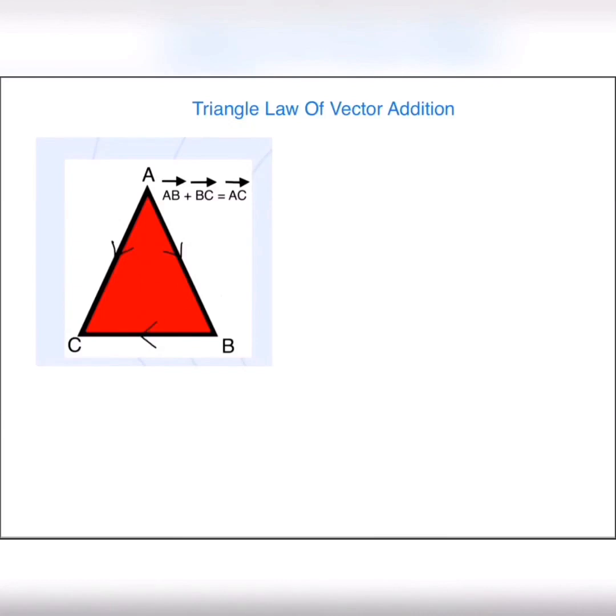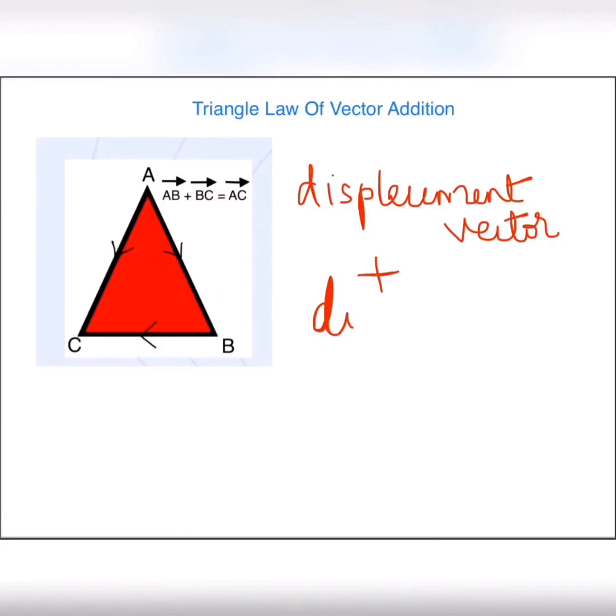Displacement, acceleration, velocity, etc. are vector quantities. We can add a displacement vector only with another displacement vector.